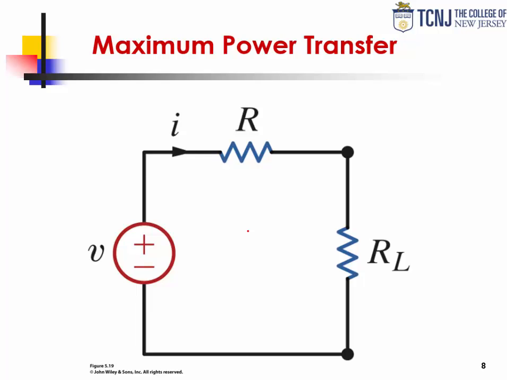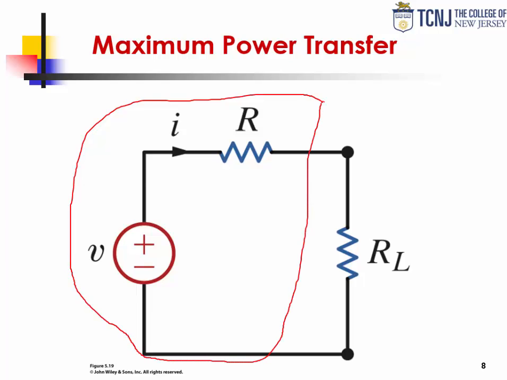Now let's talk about the concept of maximum power transfer, and then we're going to justify it mathematically. The maximum power transfer theorem says that if I have a circuit, modeled by its Thevenin equivalent, that has some voltage and some series resistance, and I'm going to be connecting a load resistor over here.